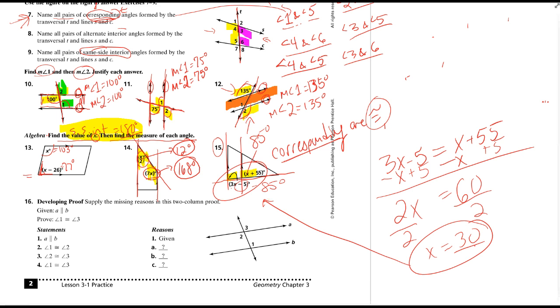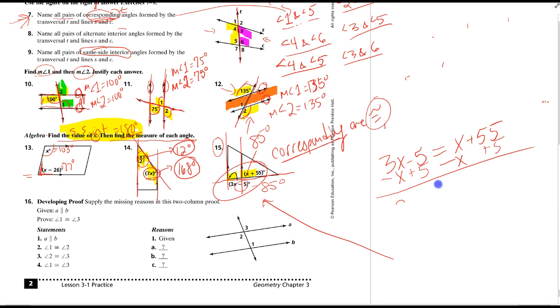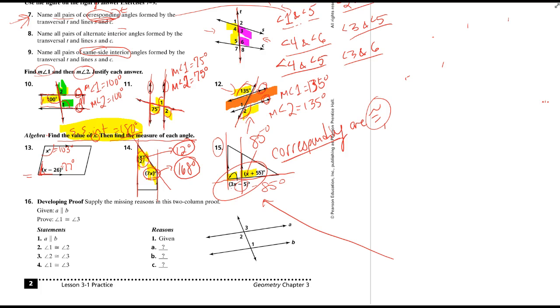Last one, developing a proof. Supply the missing reasons in this 2-column proof. This is my favorite kind of proof. So, here we go. The statement, A parallel to B. Hey, look at that. Right there, it's a given. Now, if we make the statement angle 1 congruent to angle 2, let's take a look at where they are.